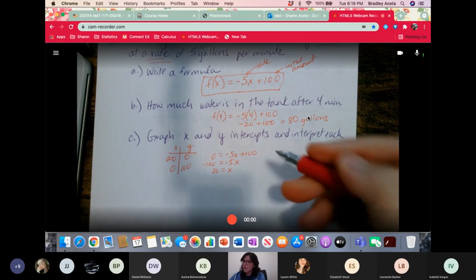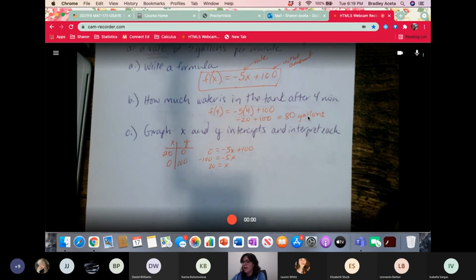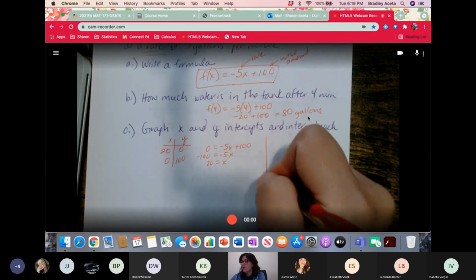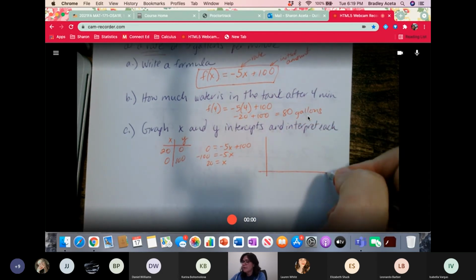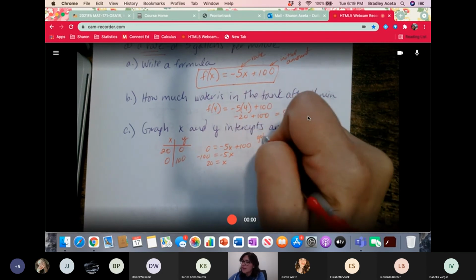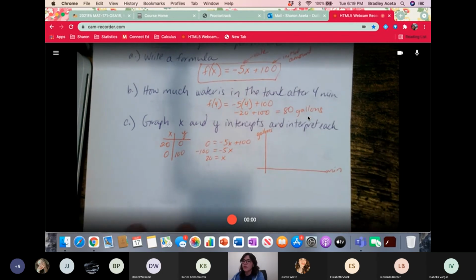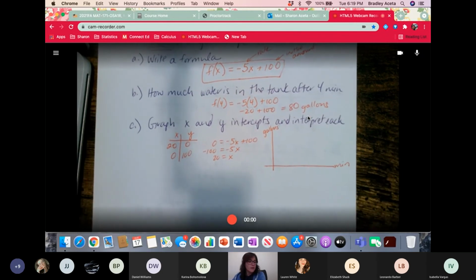Now from there, you will make a graph. And so our x-axis would be minutes. Our y-axis would be gallons. And I believe they give you choices to pick the correct one. So be very careful. Make sure you're picking a correct one here.